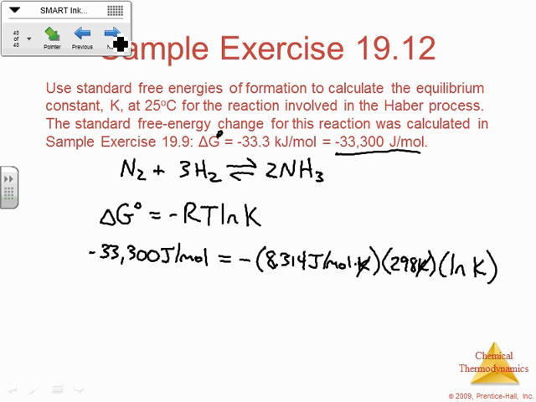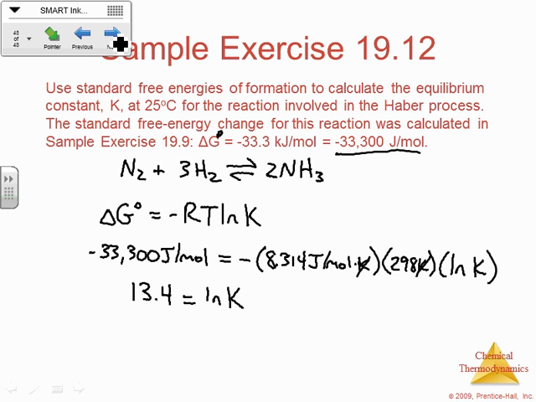Negative 8.314 times 298. Negative 33,300 divided, whoops, that was too many threes, divided by that answer. So I'm getting 13.4 is equal to the natural log of K.